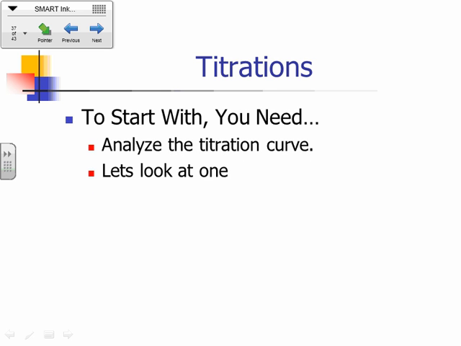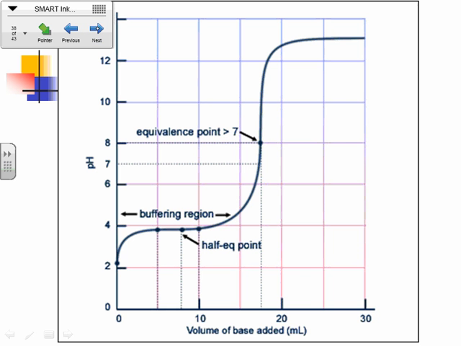So you're going to analyze the titration curve, and then we're going to look at one. All right, so here's the idea. And again, not all of this needs to make sense to you right now. But basically, what we usually do when we do a titration is we start with the acid. Now, you don't have to do that, but that's typically the way it's done. If you look at this graph, this is pH on the left side of this graph.